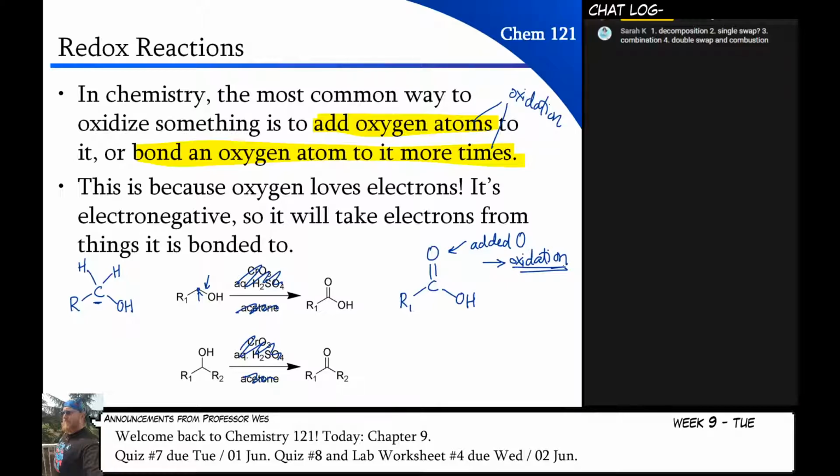So this becomes a matter of looking at the product. Are there more O's? If so, oxidation. Now, sometimes you won't get more O's. Sometimes you will just make more bonds. So here I have one bond to an oxygen. Now I have two bonds. And that's good enough for our purposes.